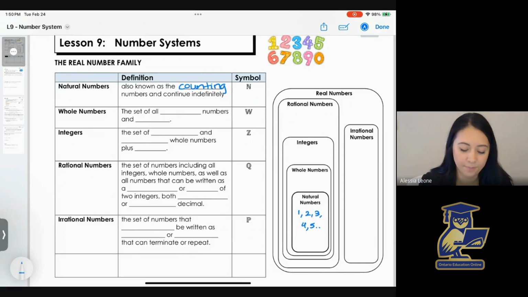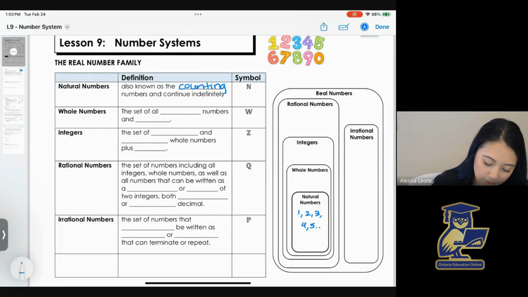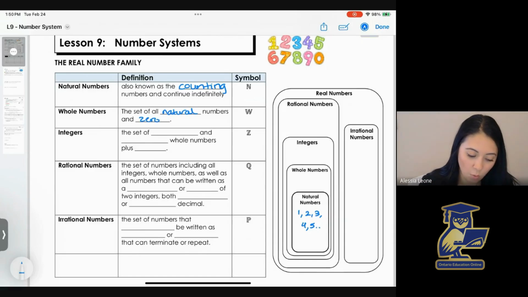They are the numbers we count with. Whole numbers: the set of all natural numbers and 0. Examples are 0, 1, 2, 3, 4, and so on.